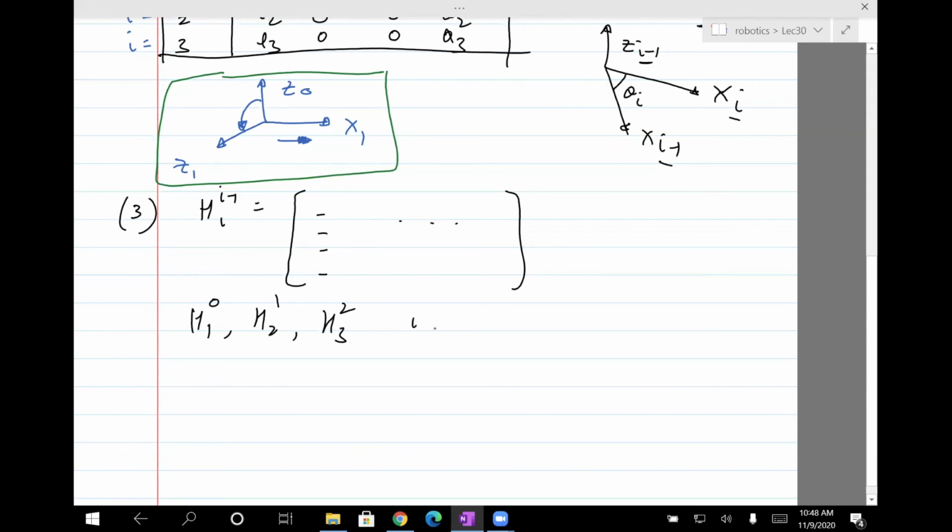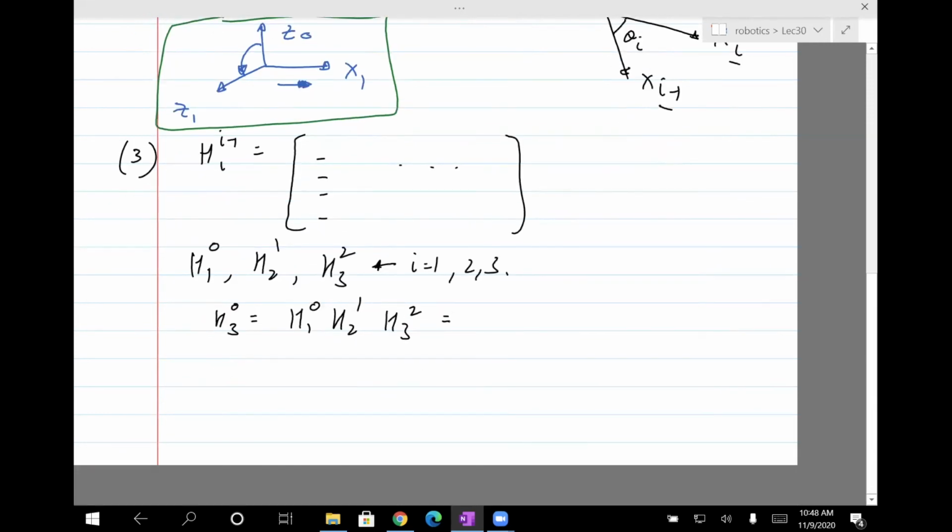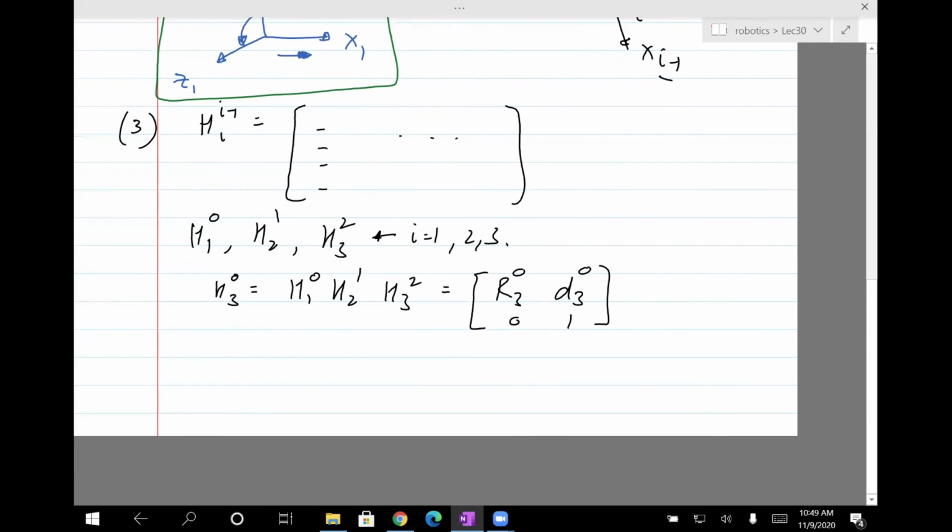So you put i equals 1, 2, and 3 to get these values. Then find H30, simply H10, H21, H32. In this case, I did not do the math here, I just kept it this way. It'll come out to be something like this, which you can find using MATLAB.